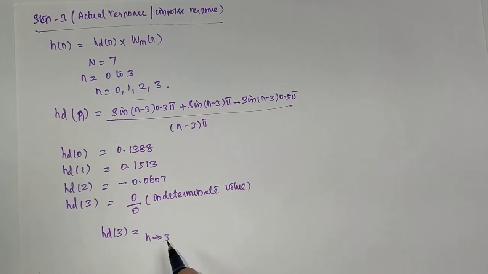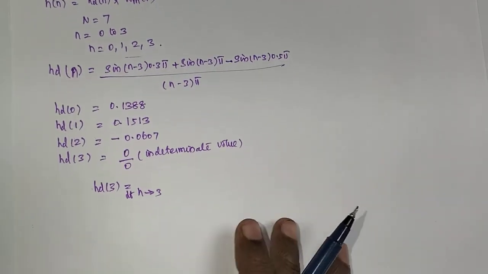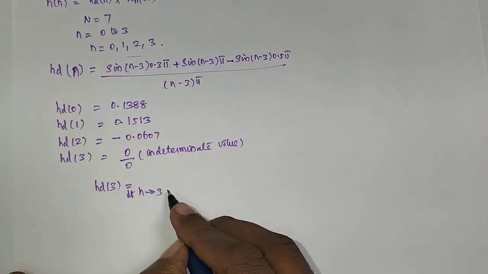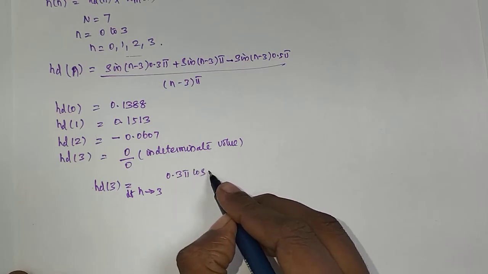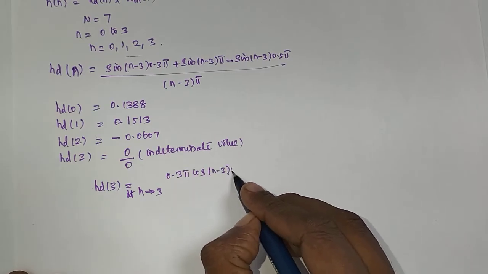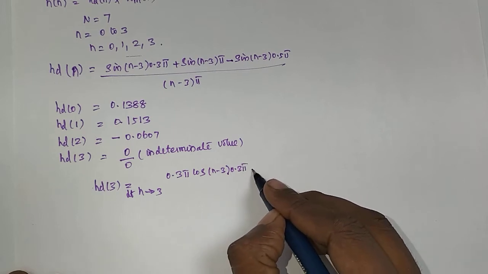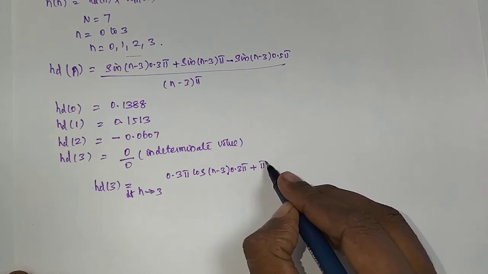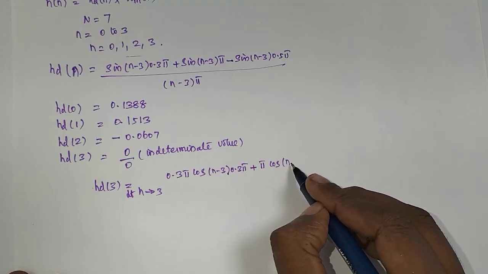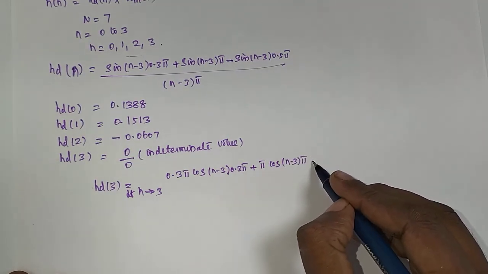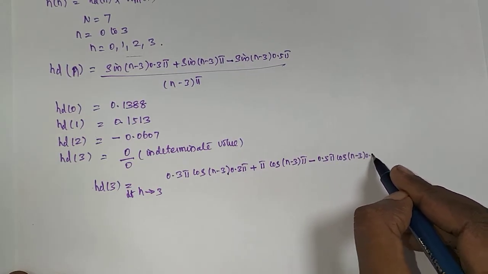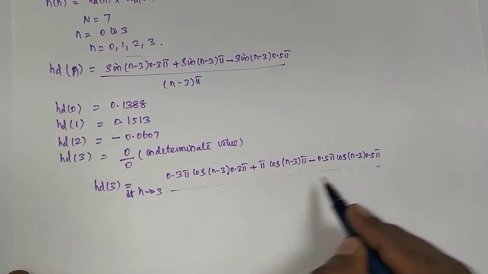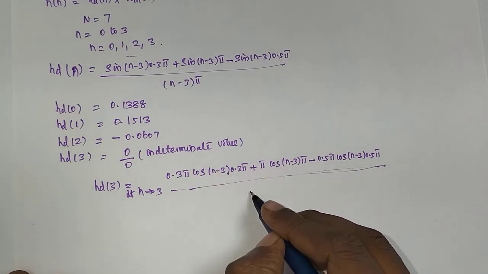At n is equal to 3, that is the limit as n tends to 3, differentiate numerator and denominator with respect to n. That is (n minus 3) into 0.3 pi plus pi into cos((n minus 3) into pi) minus 0.5 into cos((n minus 3) into 0.5 pi), divided by the derivative of the denominator with respect to n, so that it is pi.